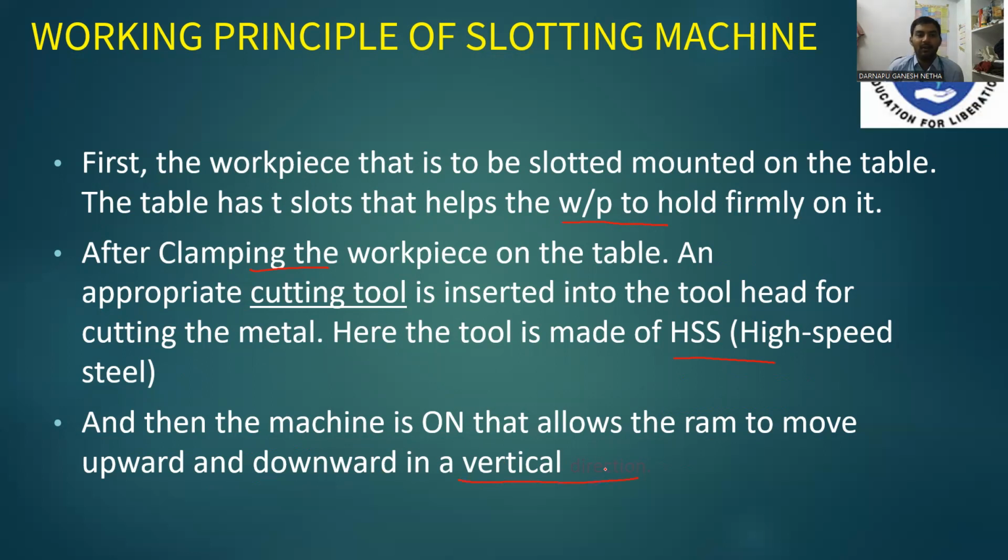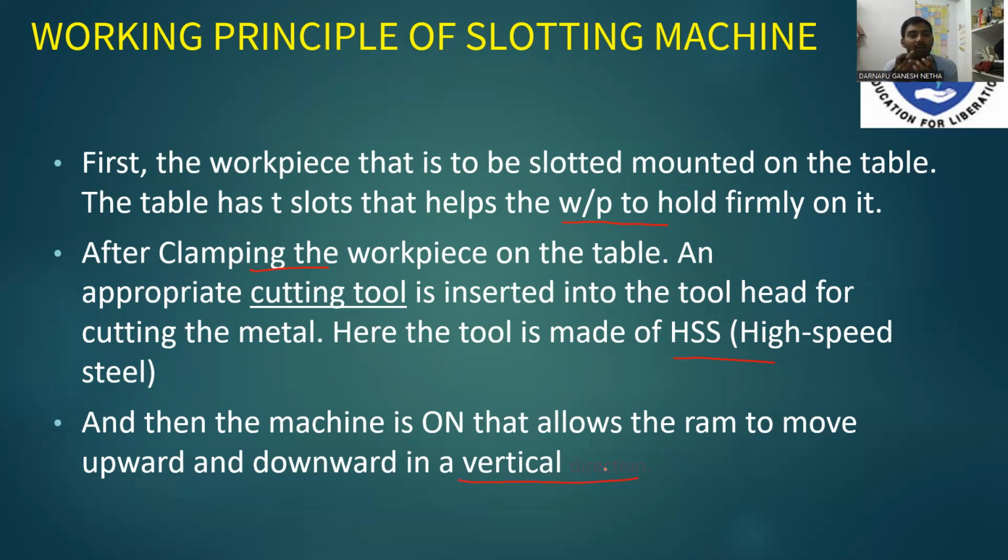The workpiece that is to be slotted is mounted on the table. The table has T-slots. The operation is, first we need to fix the workpiece on the table by clamping. Then the tool is inserted in the tool head.